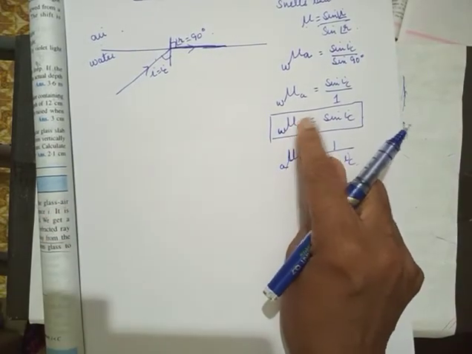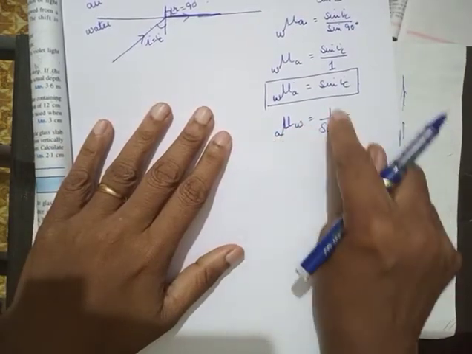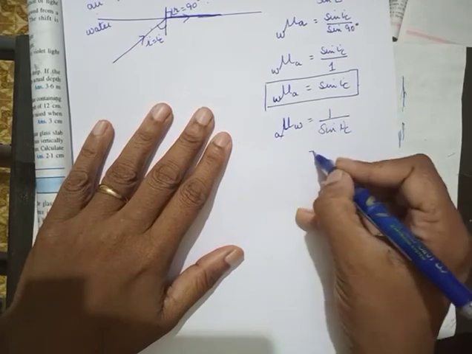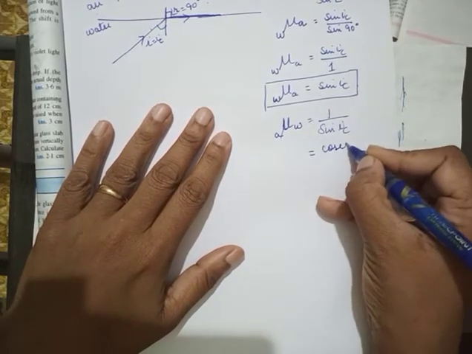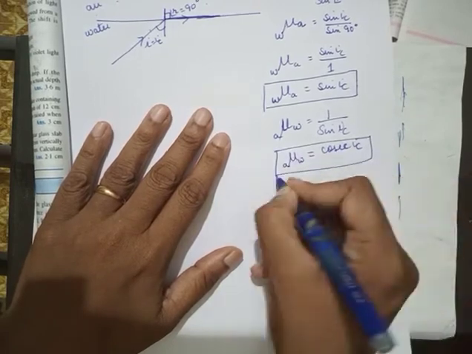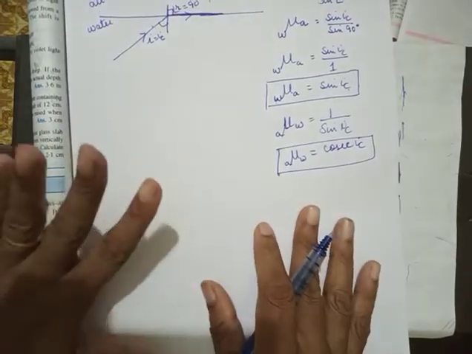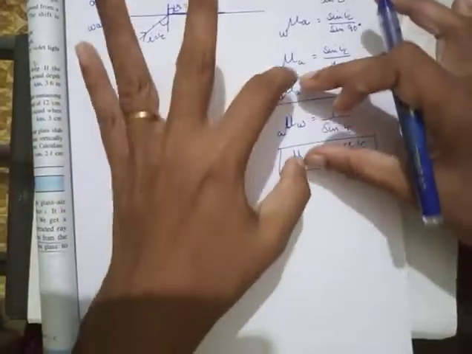So, if refractive index of air with respect to water is sine IC, refractive index of water with respect to air will be 1 by sine IC. 1 by sine is cosec. So, cosec IC. Air with respect to water will be sine. Water with respect to air is cosec. Okay. So, if you don't understand, just remember these two. That's enough. Don't break your head.